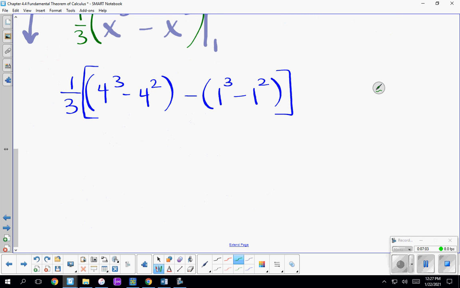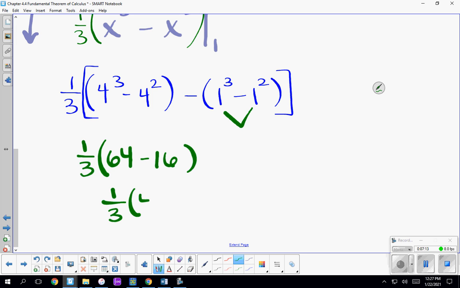And then when we evaluate, remember 1 minus 1 is 0. Here we'll have 1/3 times 64 minus 16, or 1/3 of 48. And if I divide 48 by 3, I get 16. This is the average y value of the function.